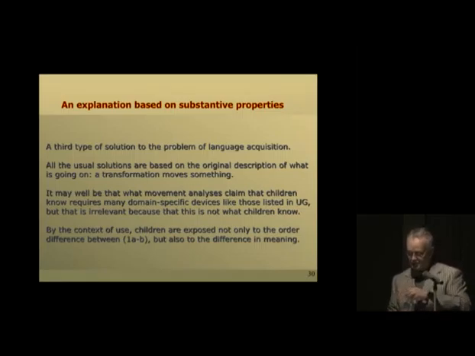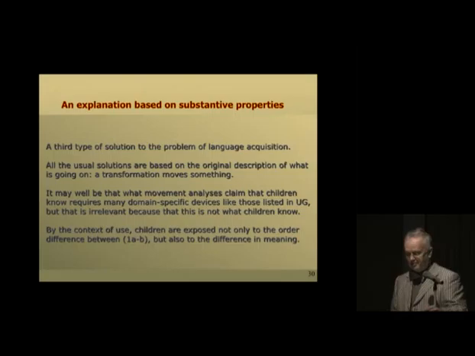There's a third type of solution to the problem of language acquisition. Now, all the usual solutions, and really even those that are almost ferociously opposed to the movement analysis, they all, on the other hand, assume that the original description of what is going on in pairs like I had in 1A and 1B is a fact. And they just try to explain it differently.